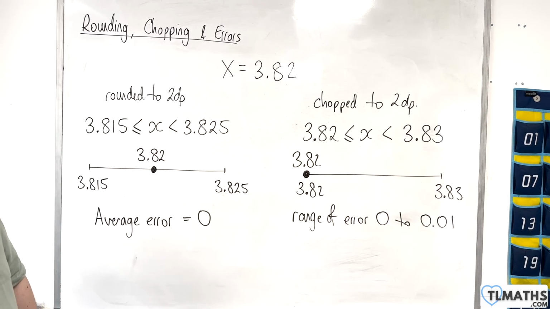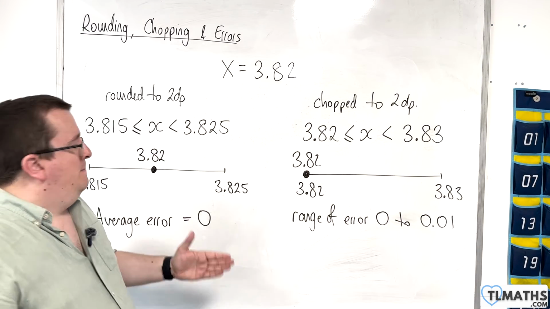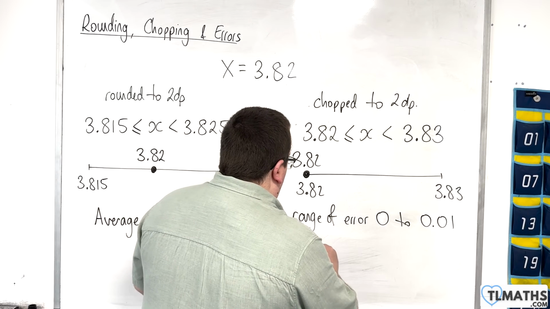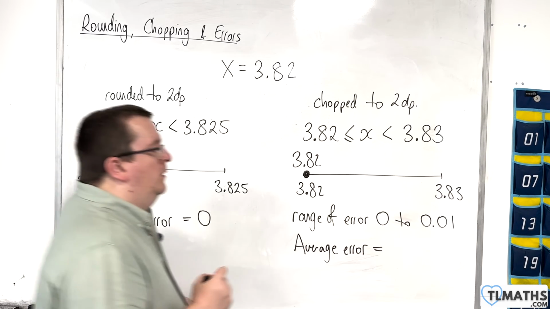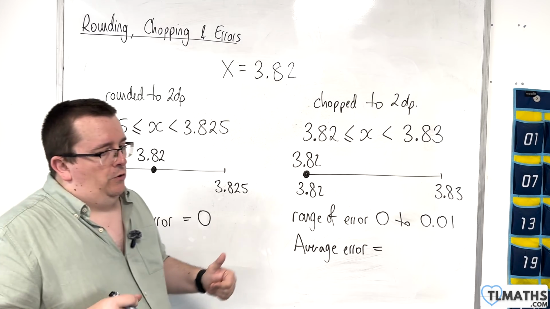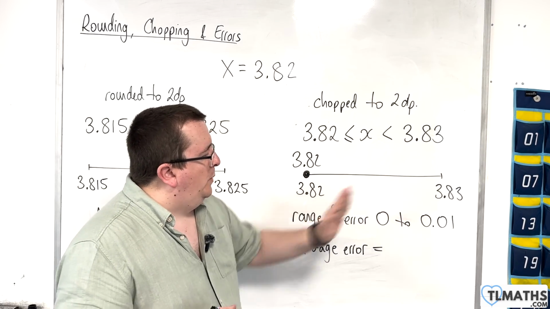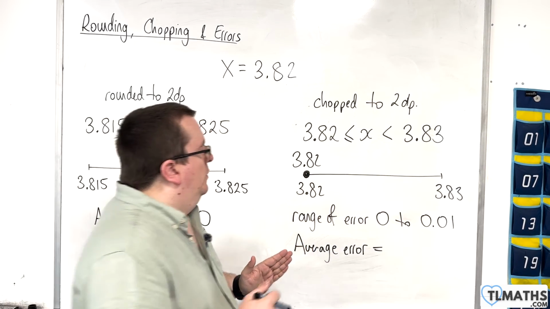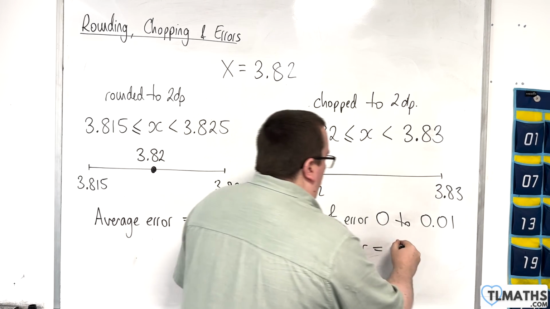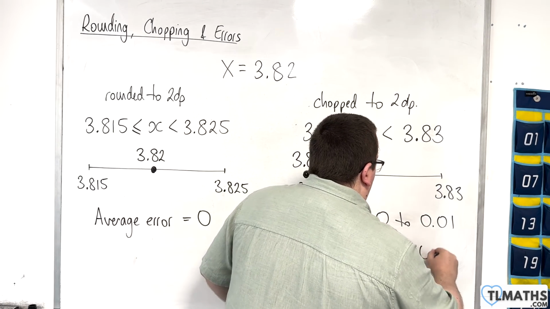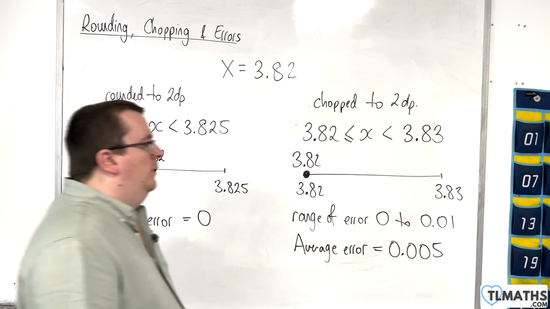So that means that the average error is going to be equal to halfway between those 2 values, so there, and that would be at 0.005.